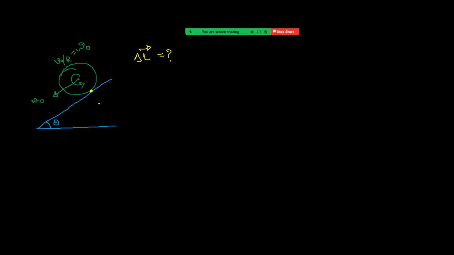One thing we have to focus on: for the sphere, net force is not zero, because when a body rolls down the incline, it rolls down with a constant acceleration equal to g sin theta upon 1 plus beta. This is what we have learned in earlier lectures.